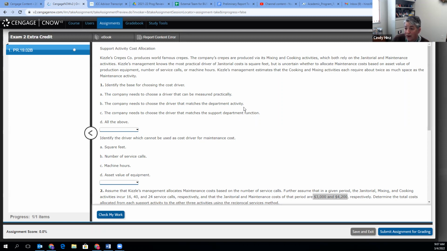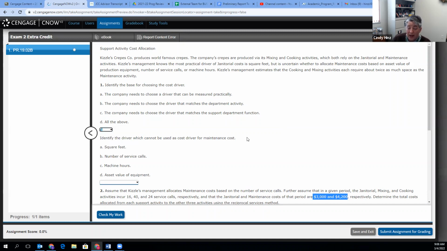We need to choose a driver that matches the department activity, and choose a driver that matches the support function. And so I think the best answer is probably all of the above, because all of those seem to make sense.